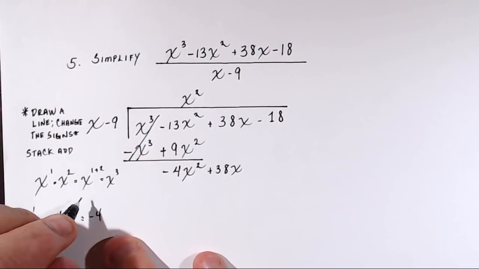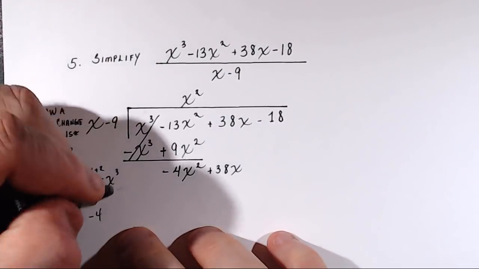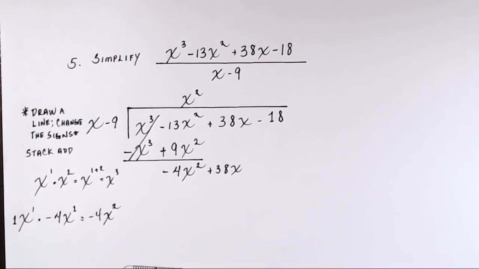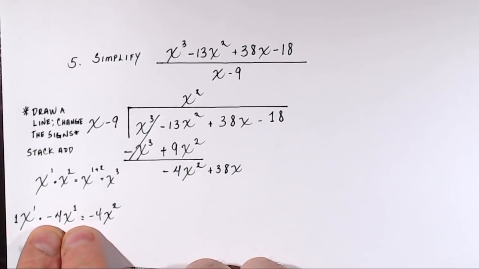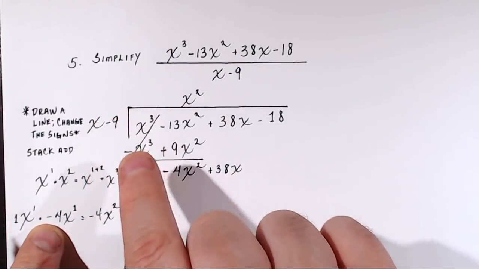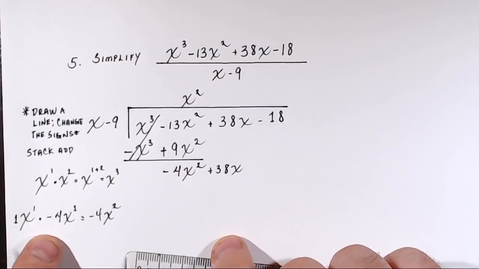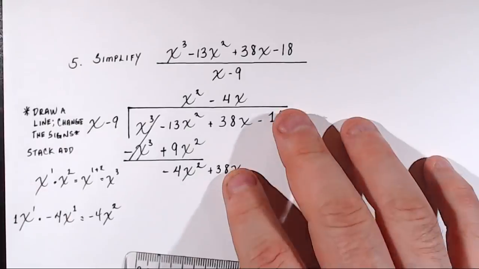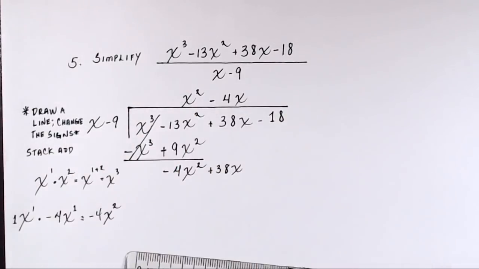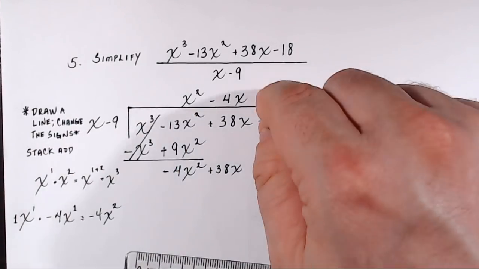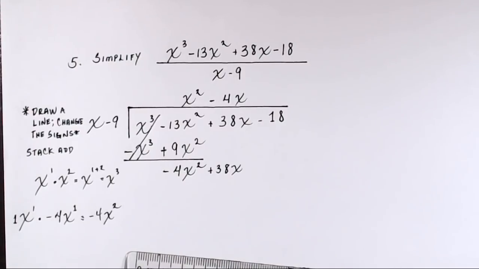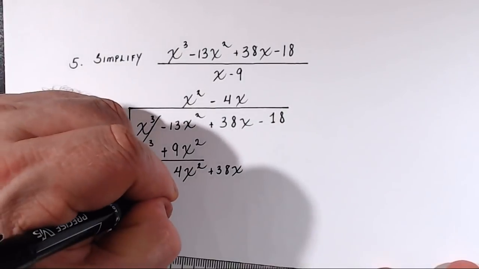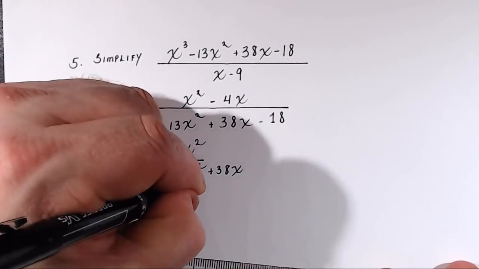And then x to the first times x to the first, apply the product property of exponents, and you get x squared. So negative 4x is what I needed to multiply by x to turn it into negative 4x squared. So where do I put that? I put it up here, minus 4x. So now I've found the quadratic term and the linear term. Now I'm just waiting to find that constant, that final number. But first, I have to multiply through. Negative 4x times x is negative 4x squared.